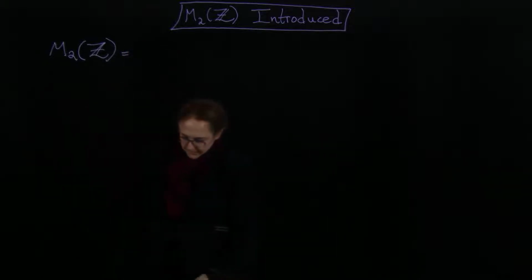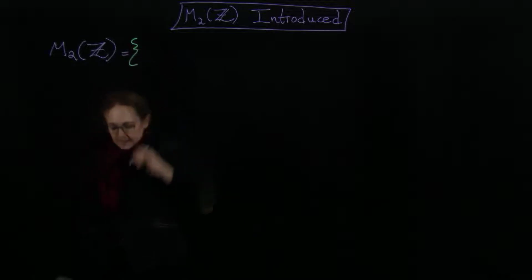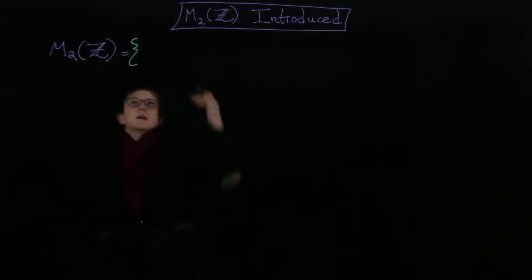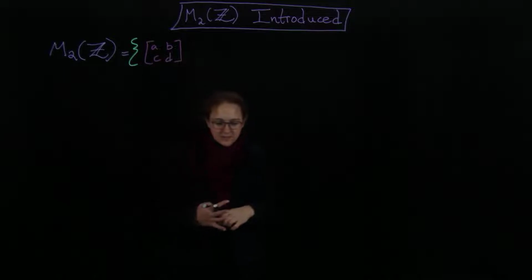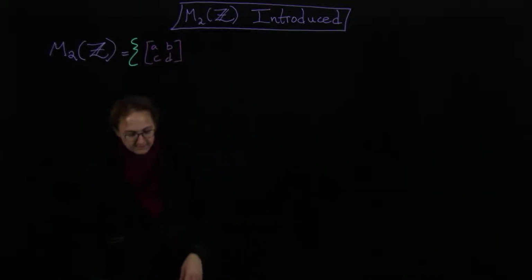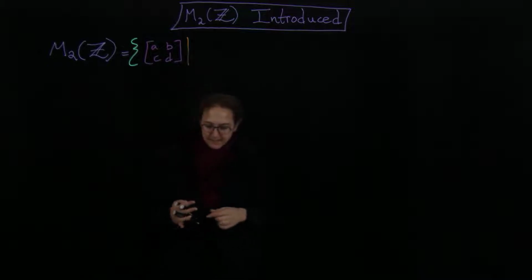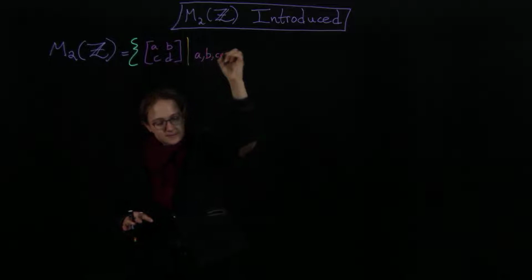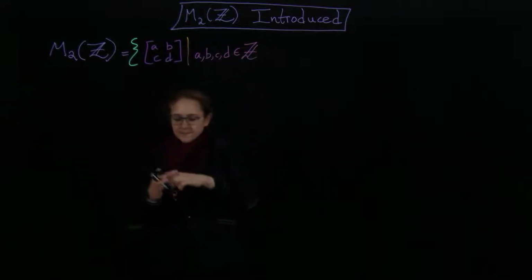Just in terms of notation, we're looking at the set of all, so we have A, B, C, and D. These are 2 by 2 matrices, you can tell there. So the set of all 2 by 2 matrices such that, and now what we're going to require is that A, B, C, and D are elements of the integers.